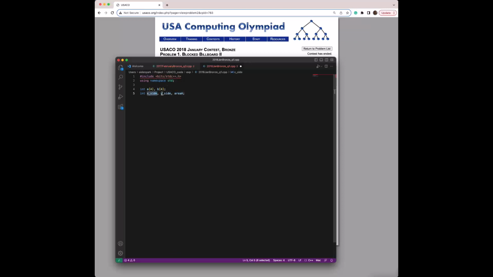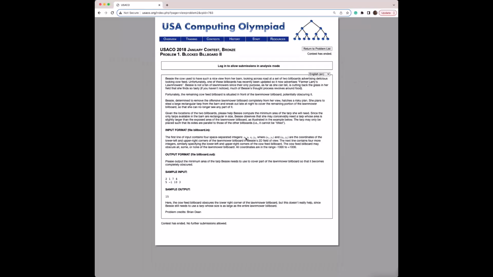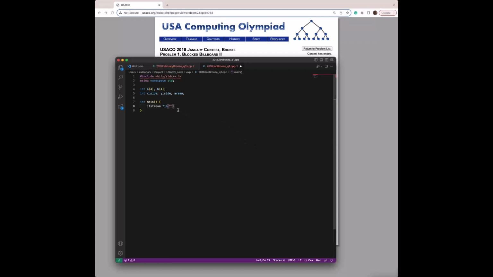X side will be the x length of the tarp needed, and Y will be the y length of the tarp needed, and area will just be the answer. So here we're just taking in the input.